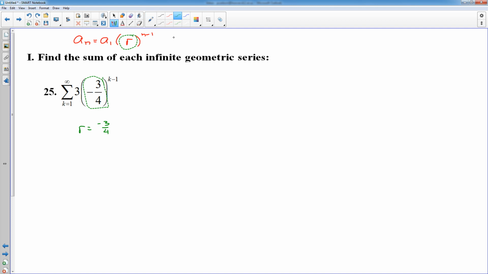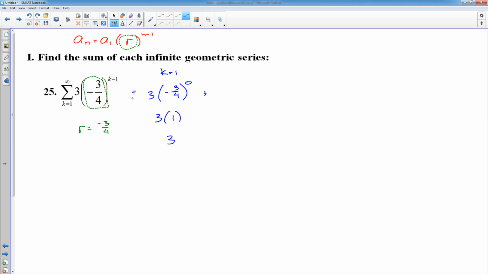Now, if you forget that, you could always just write out the first two terms and find the ratio algebraically. If I plug in 1 for k, that'll be 3 times negative 3 fourths to the 1 minus 1, which is 3 times negative 3 fourths to the 0, which is 1, and 3 times 1 is 3.